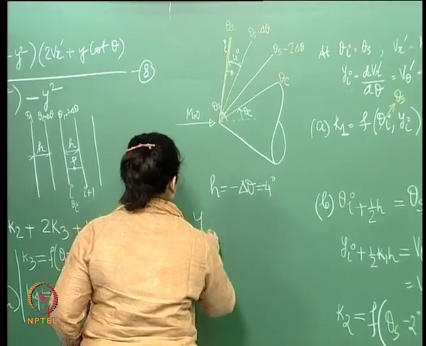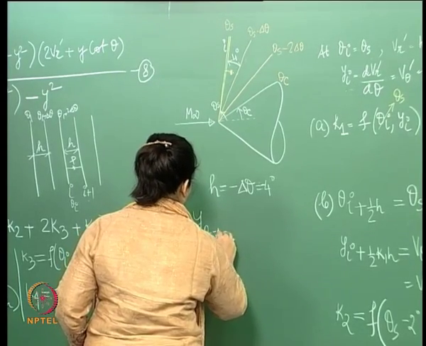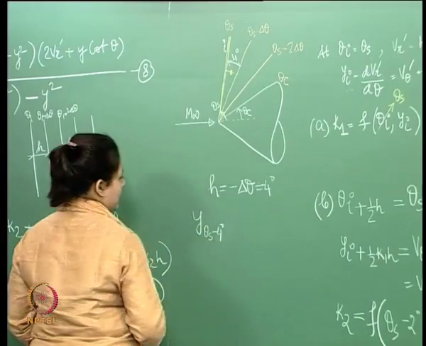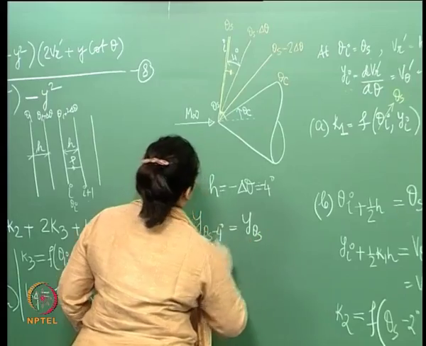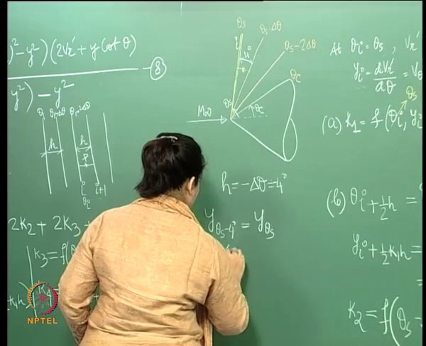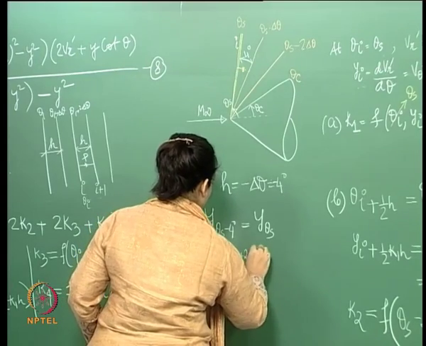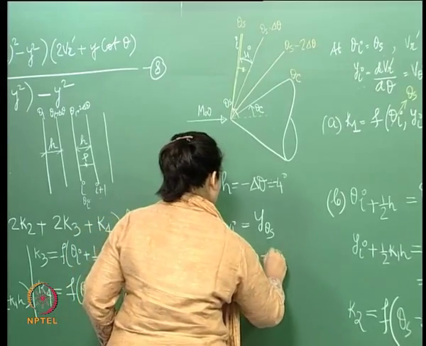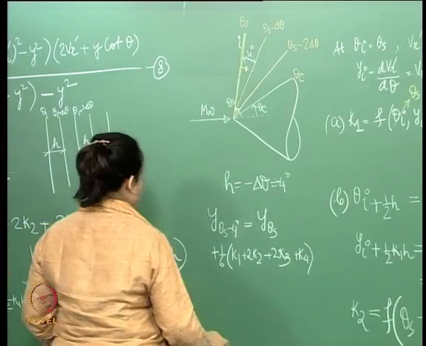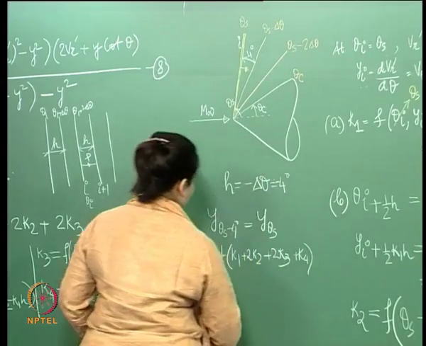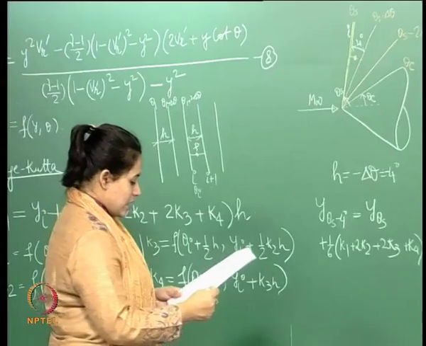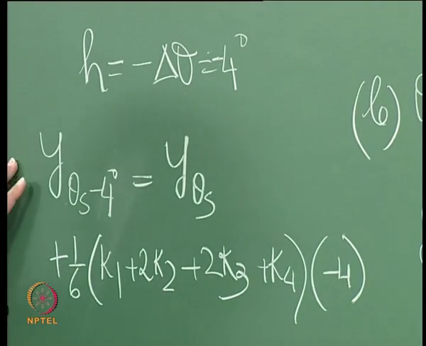Our function value at theta s minus delta theta, or say minus 4 degrees here, is equal to y of theta s plus 1/6 of k1 plus 2 k2 and so on, into h, which is minus 4. Okay.